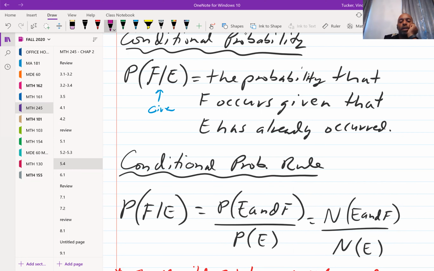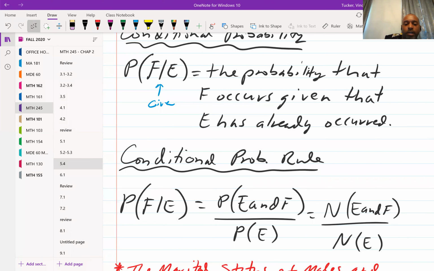So it's the probability of E and F over the probability of E, or the number of E and F over the number of E. The positions of this do matter, and that will alter your probability. If you find the probability that F occurs given that E has occurred, or the probability that E occurs given that F has occurred, there will be two different probabilities.